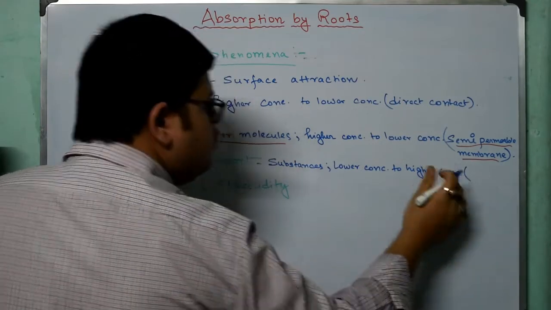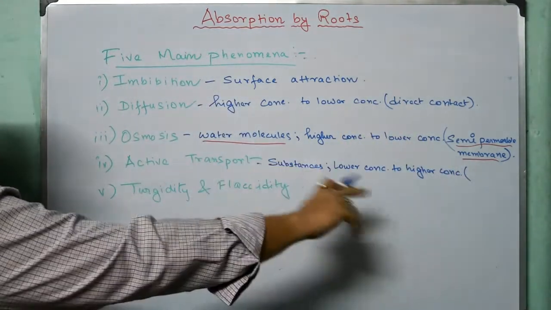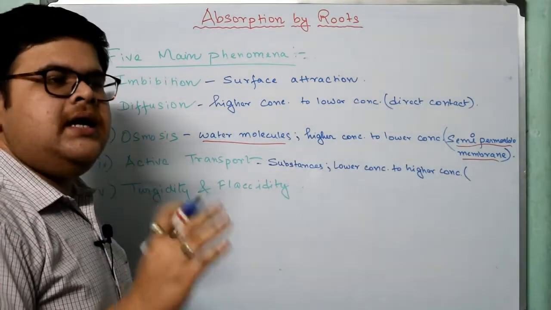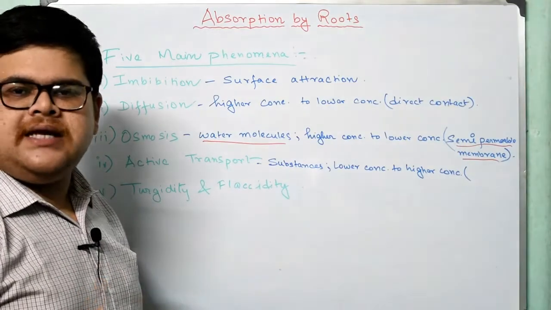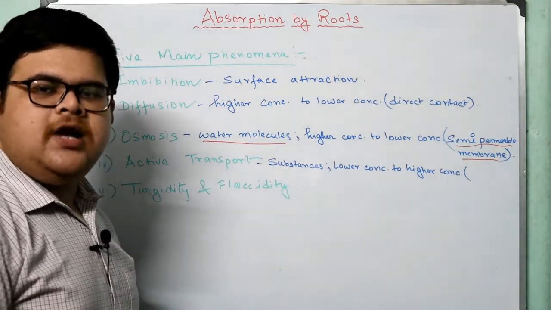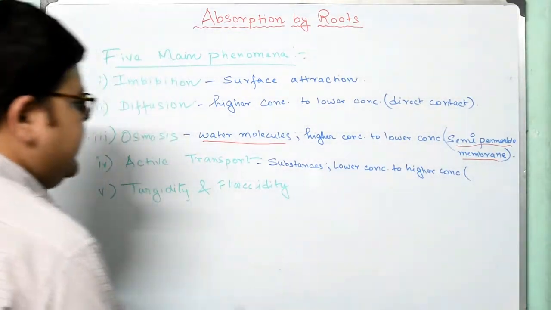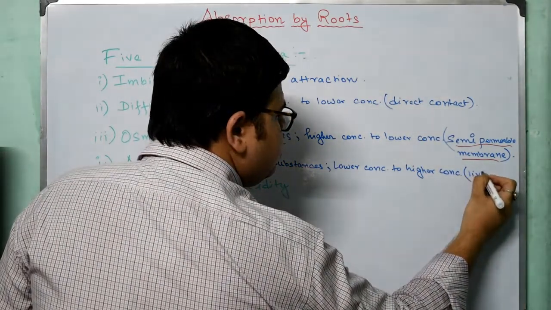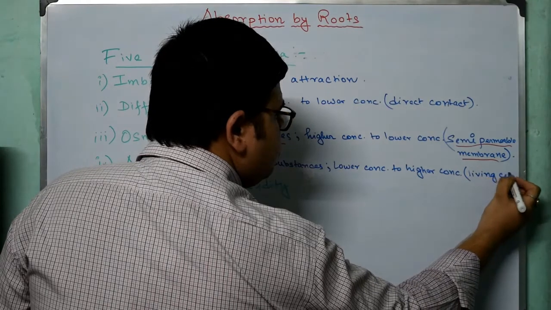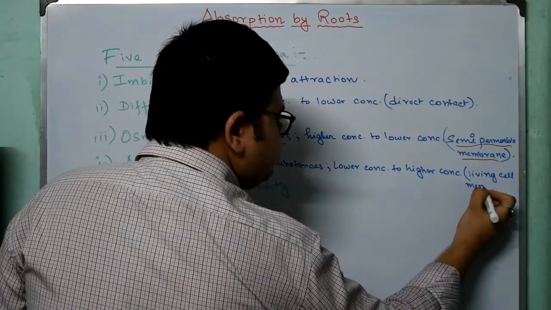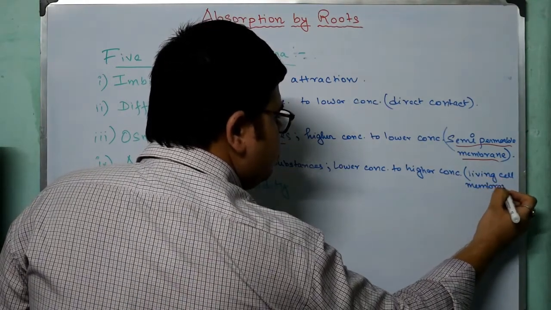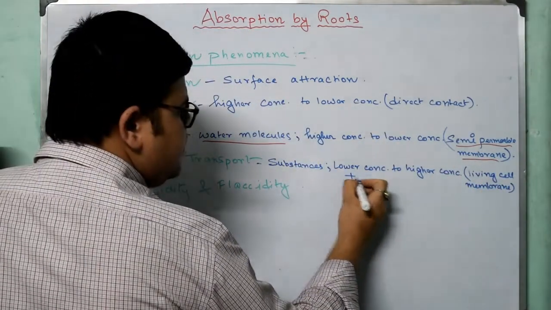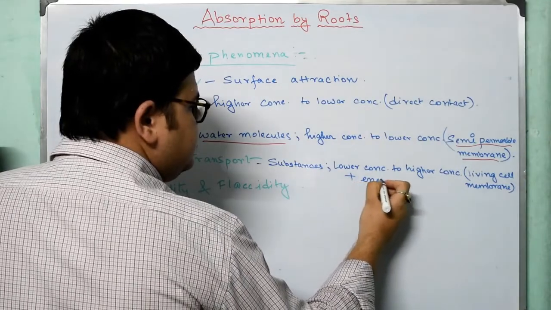Now through what? In osmosis we have seen a semi-permeable membrane. A semi-permeable membrane can be living or non-living. In the experiments that we have already seen, we are taking a non-living semi-permeable membrane, but here it will be a living cell membrane, and the most important part is energy.